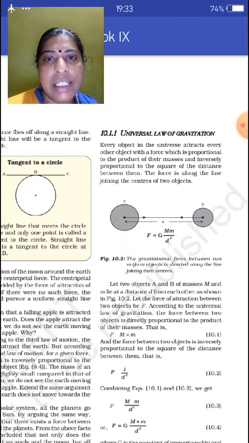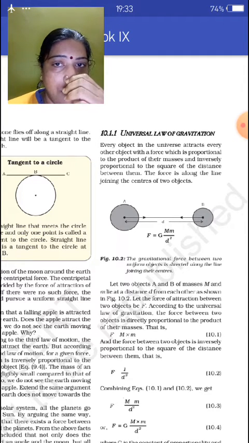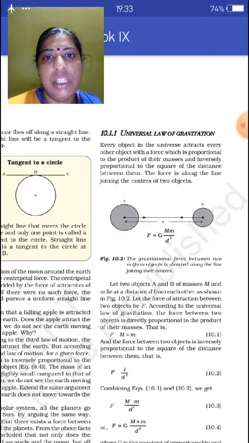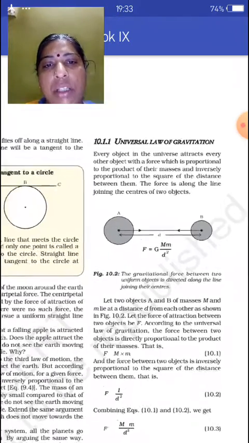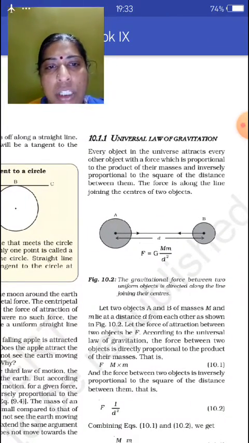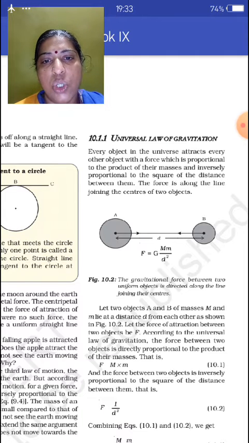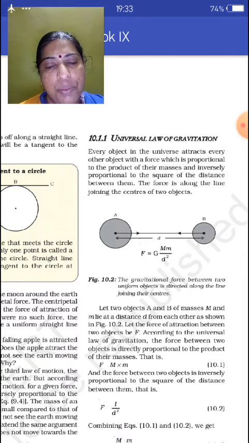So let's start. Every object in the universe attracts every other object with a force which is proportional to the product of their masses and inversely proportional to the square of the distance between them. The force is along the line joining the centers of the two objects.